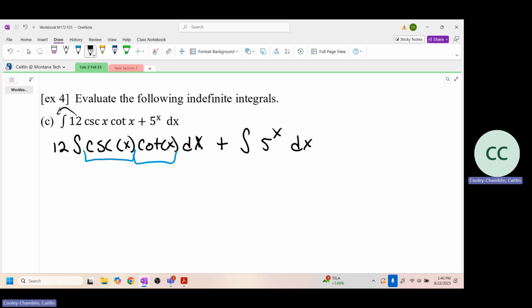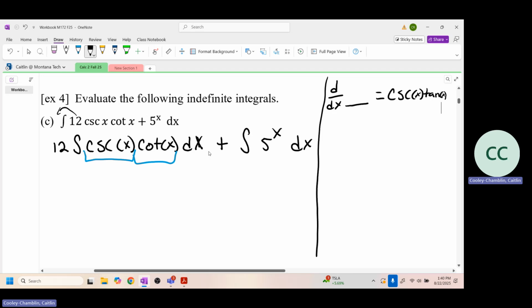And the first part that I'm going to do, here's my scratch work off to the side, is what derivative gives me cosecant x cotangent of x. So what derivative should I be looking for?